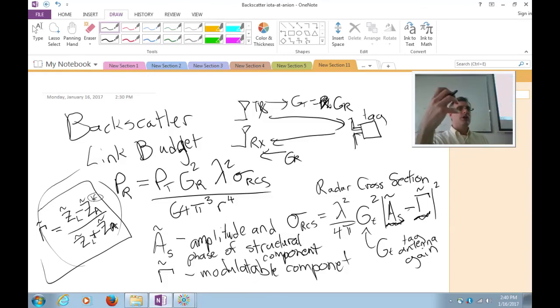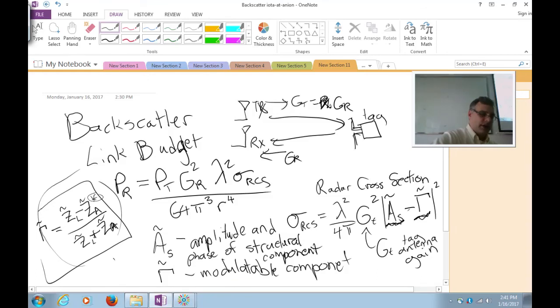If I have two complex impedances, an antenna impedance and a load impedance, and they both have real positive resistances and whatever complex reactances, I'm always going to get something with magnitude less than or equal to 1.